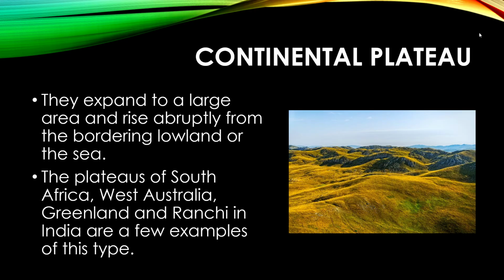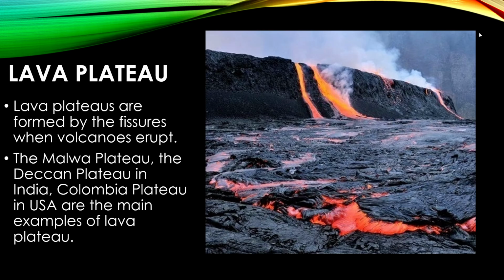Moving ahead to the next kind, that is continental plateaus. They expand to a large area and rise abruptly from the bordering lowland or the sea. The plateaus of South Africa, West Australia, Greenland, and Ranchi in India are a few examples of this type of plateaus.